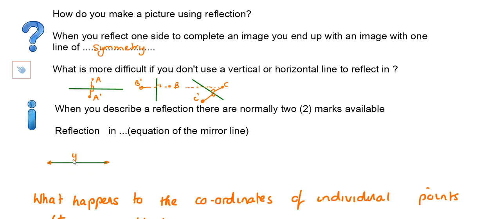So that line would be y equals k, so it could be y equals 3, y equals 2, y equals -1, that kind of thing. K could stand for anything. Does that make sense? If I drew a vertical line, that equation would be, sorry, not y equals, it would be x equals, and then I'll put a k to stand for any value.